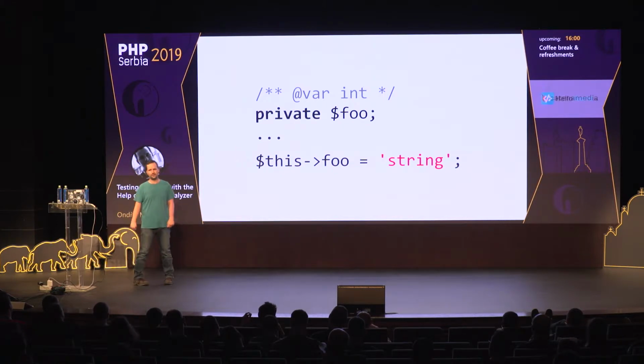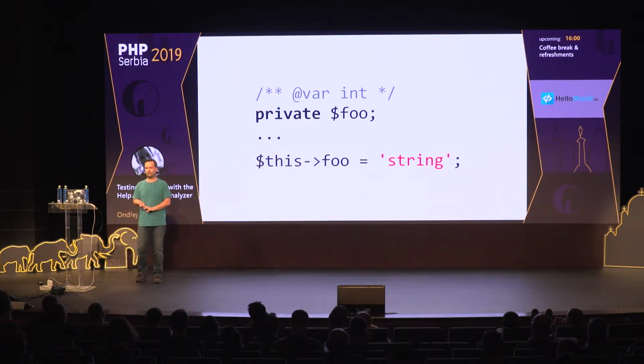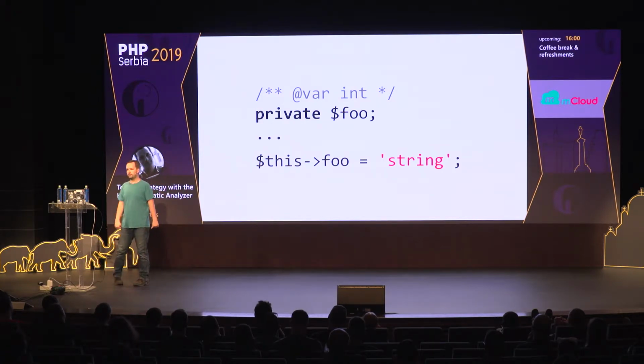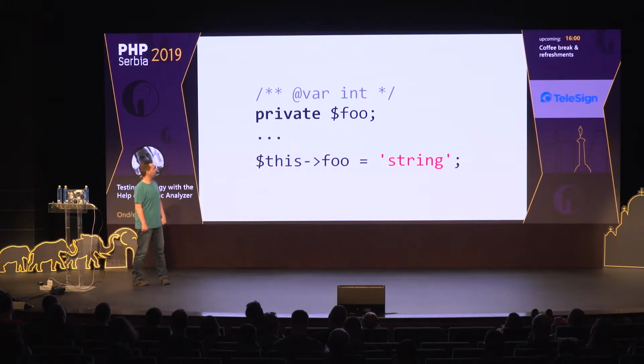Unfortunately, the types of properties cannot be defined natively because we have to wait for PHP 7.4. In PHP 7.4, we will be able to move the type after the visibility keyword, before the name of the property, and we will be able to document natively what kind of types properties have.